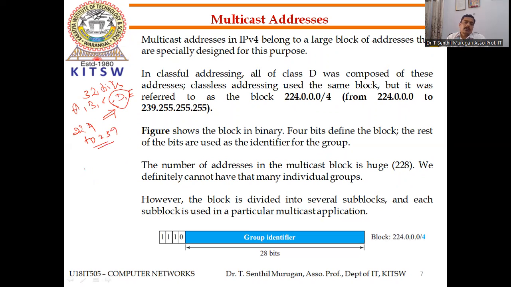How do we say 224 to 239 is multicasting? We already know that out of the 32 bits, the first 4 bits decide whether it is multicasting or not. The first 4 bits are 1110. If so, the remaining 28 bits represent the group identifier, and it is considered a multicast address.